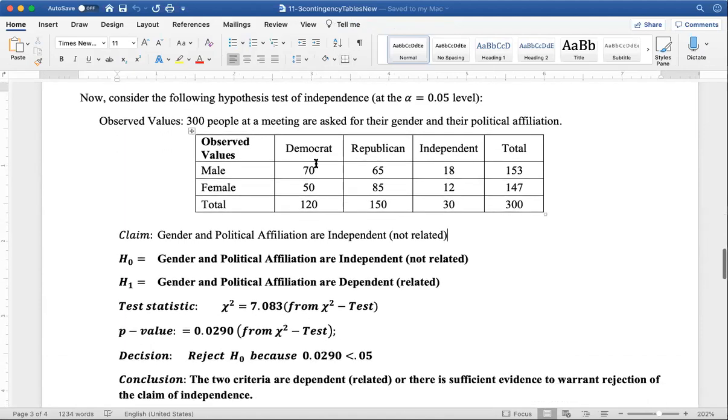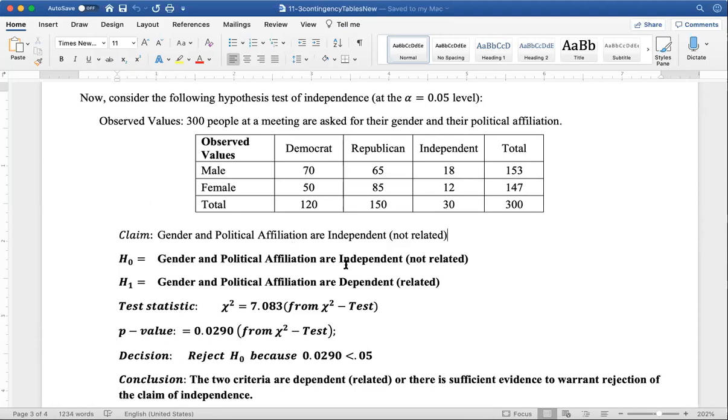Again, we need to set up the data into matrix A. So these numbers right here have to go into matrix A. Our claim is still going to be the same. Our H0 is still going to be the same. Our H1 is going to be the same. The claim is always going to be that the two categories are independent or not related.